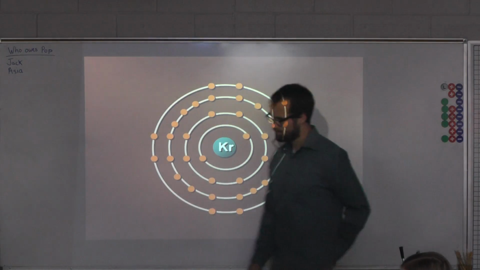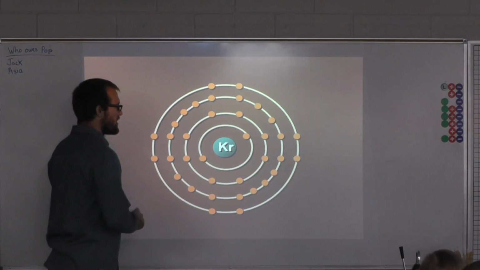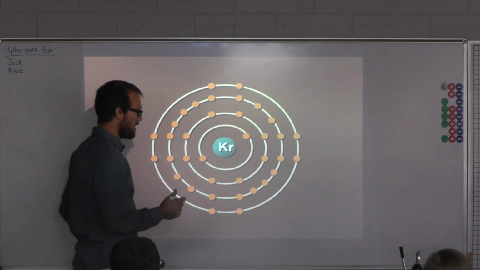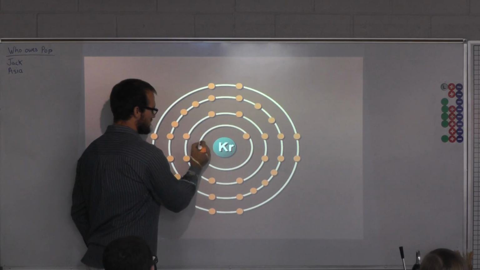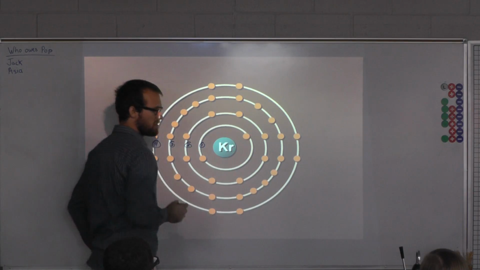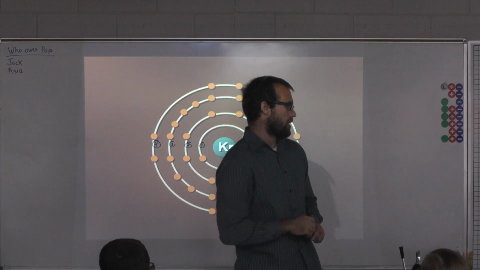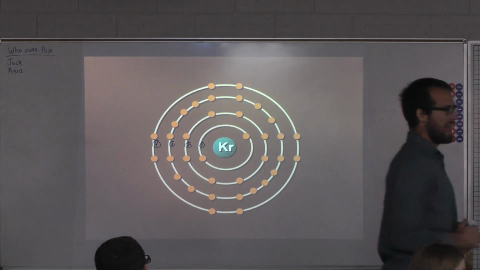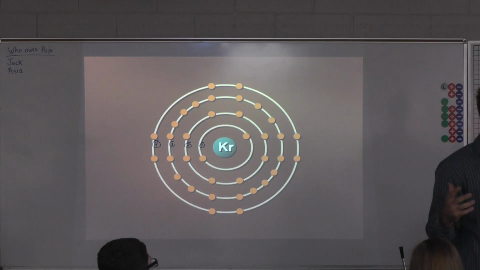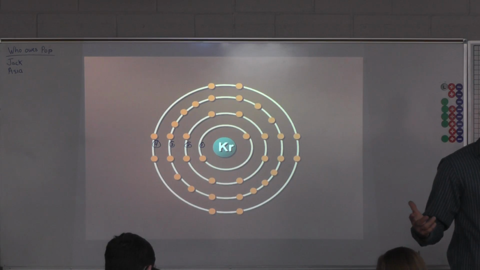Okay, so here's what he did. He discovered that there were varying energy levels within an atom where the electrons were held. So this would be like the first energy level, second energy level, third energy level, fourth energy level. And here's how the energy levels worked. As the energy levels got bigger, the electrons spent time further away from the nucleus.